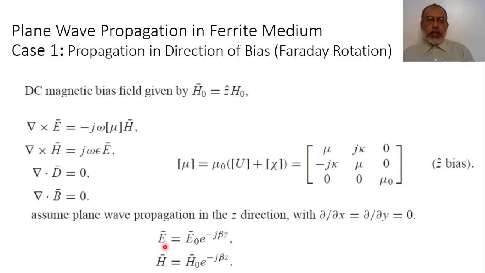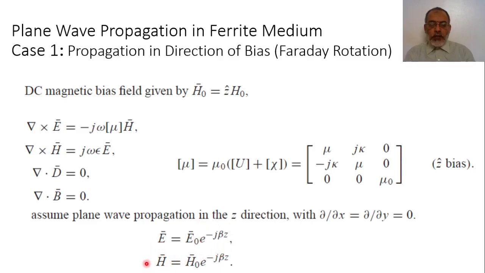So the electric field is E naught, and E naught here can be E naught in x direction or E naught in y direction, or a combination between x and y directions, but transverse to the direction of propagation. E naught multiplied by e to the power minus j beta z. E to the power minus j beta z is a forward propagating function in z direction.